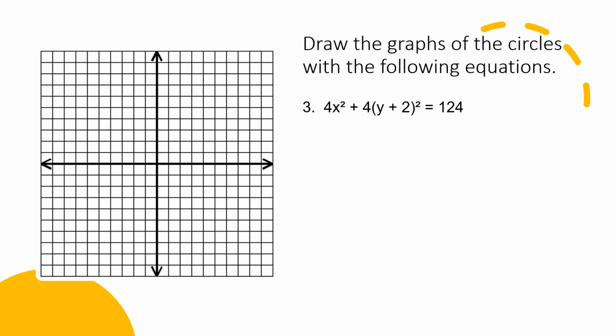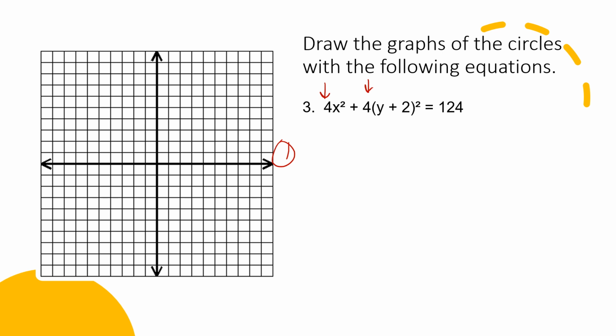So now you're going to do a little bit more work to get into standard form, and that is a-okay. We have 4x squared plus 4 times y plus 2 squared equals 124. So step 1 is to get into standard form. In order to do that, I'm going to have to divide both coefficients out.